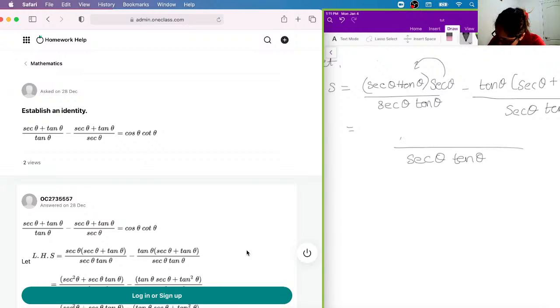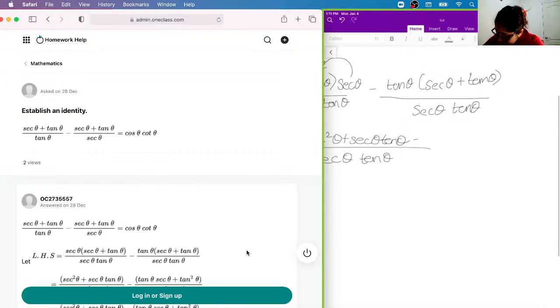So we have secant squared theta plus secant theta tan theta, minus, so I'm going to multiply this out also, and we're going to have tan squared theta plus tan theta secant theta. Okay.